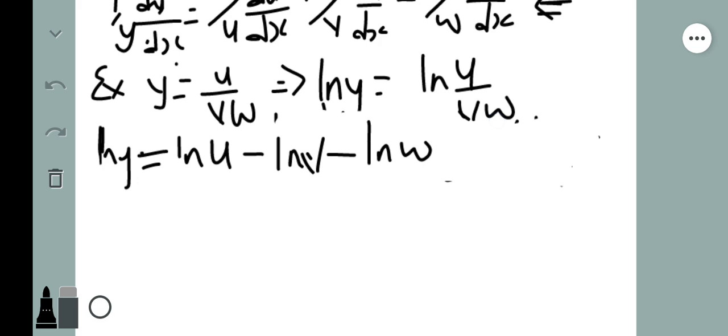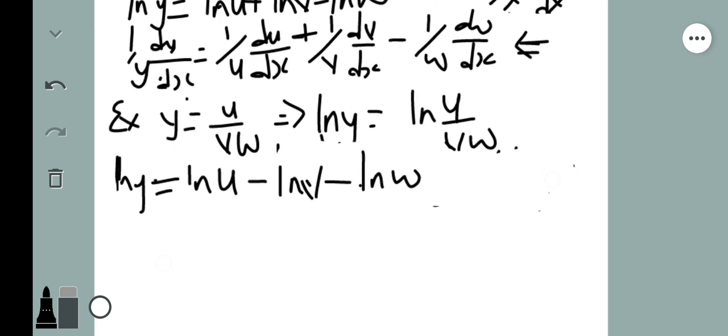If I open the bracket with a minus, I have minus minus. So from here I can differentiate this to get 1 over y dy dx, 1 over this, 1 over that, just like this. The only difference between this one and this one is that this one you carry negative, that is this negative here, while this also carries negative. So that's the only difference.